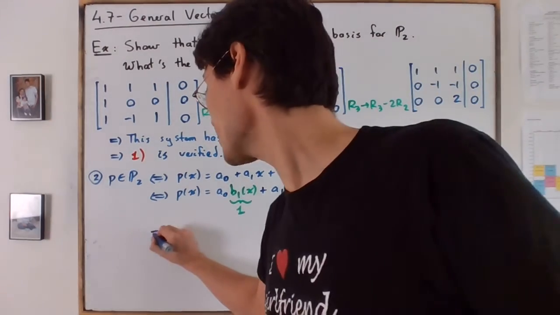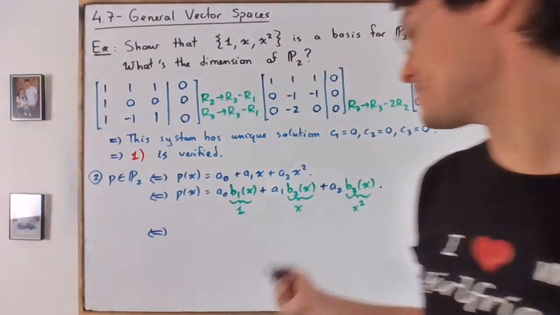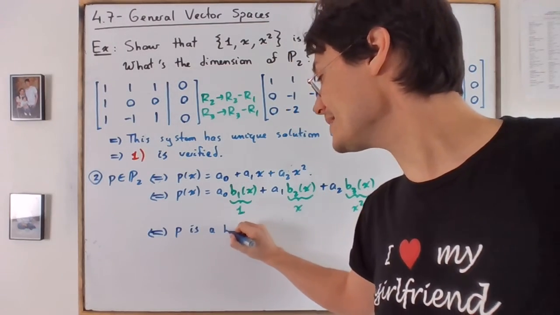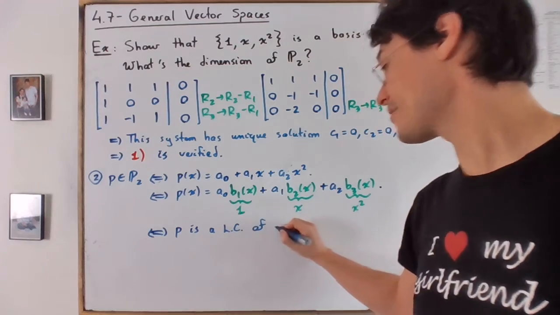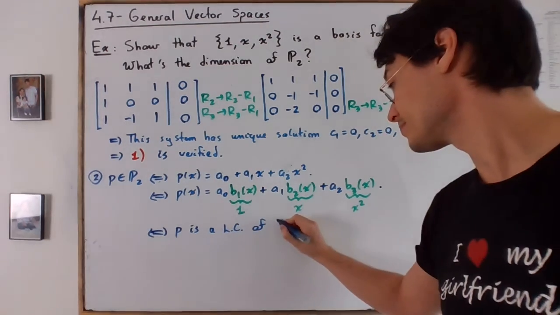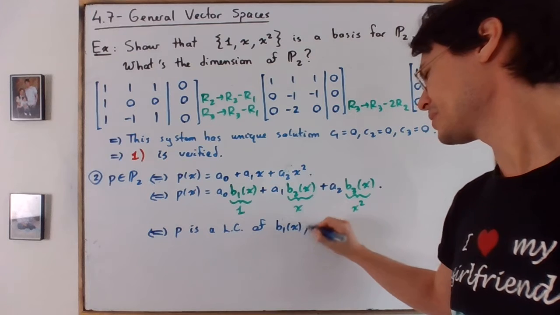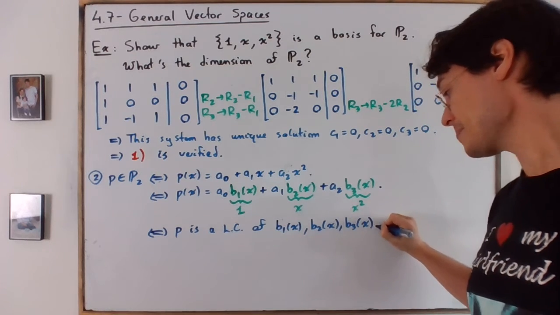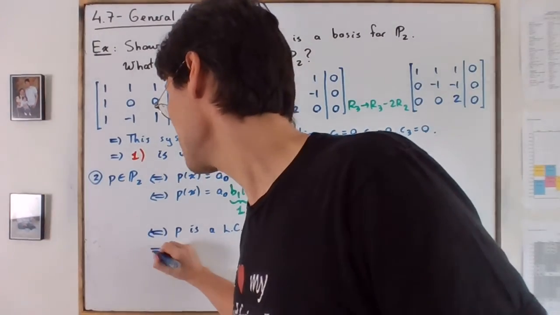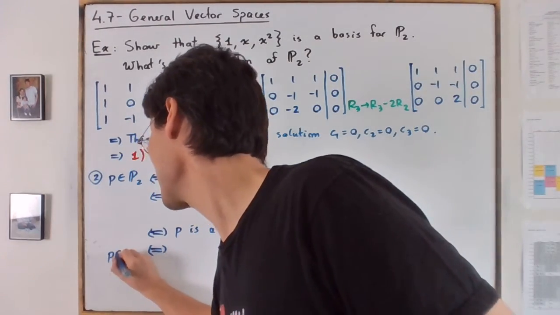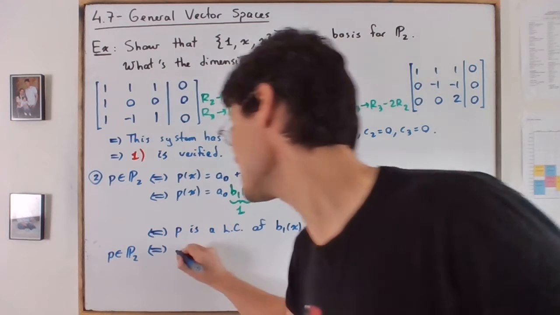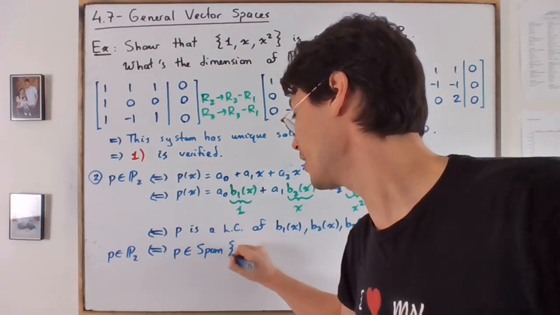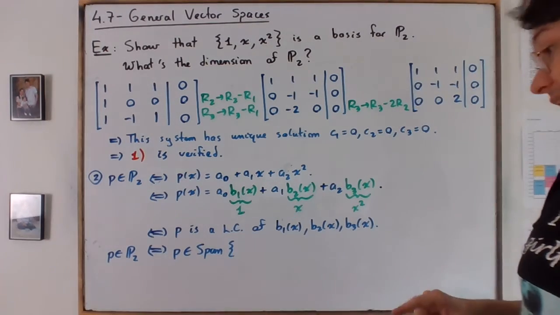So what can we conclude from there? P is in P2 if and only if P is a linear combination of B1, B2, B3, right? So this means that P is in P2. Let's now write it. This is the important part. P is in P2 if and only if P is in the span of these three vectors, right?